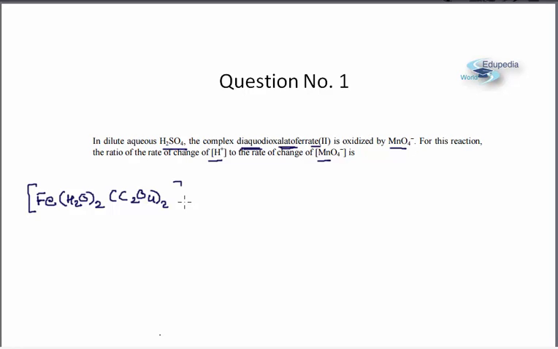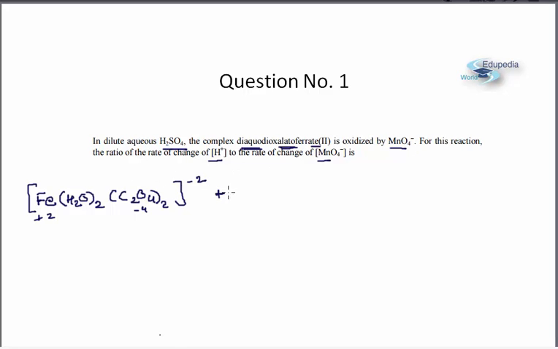All right, and iron is in +2 and oxalate is a bidentate ligand, so coordination number would be 6, makes sense. And C2O4 2 minus twice would be a total charge of -4 and Fe would be +2, so that would give a charge of -2 on the overall coordination sphere.